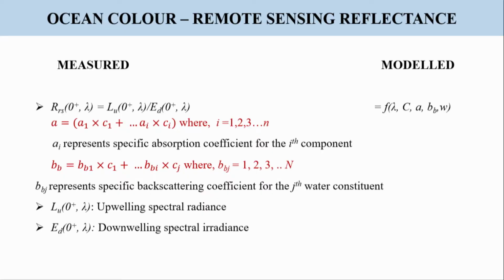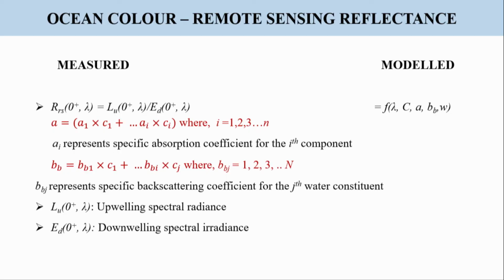That can be done using this methodology, wherein RRS(0+, λ) is, as you have already seen, LU(0+) by ED, and it is a function of all the optically active constituents. LU(λ) is the upwelling spectral radiance, ED is the downwelling spectral irradiance, and A is a1 into C1 plus all the other optically active constituents. a1 is specific absorption, a2 is also specific absorption.